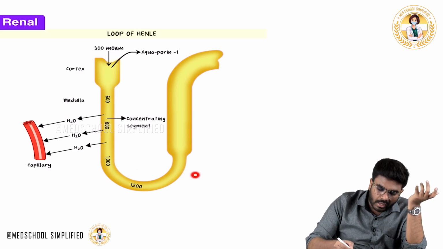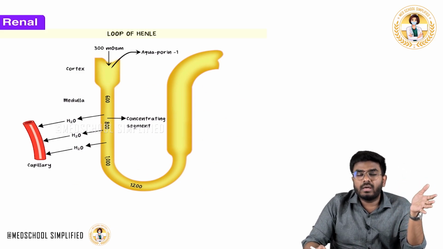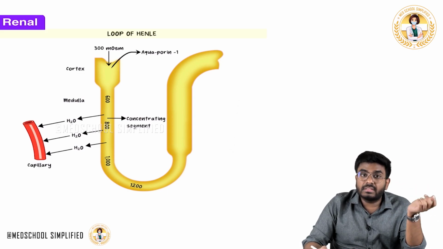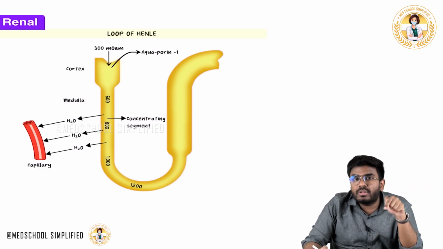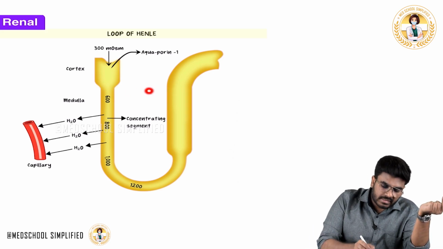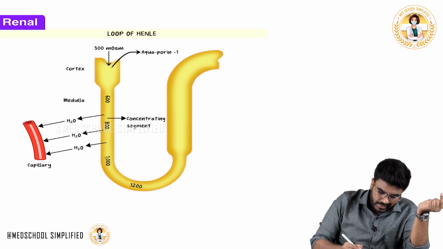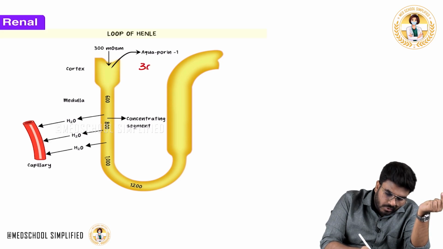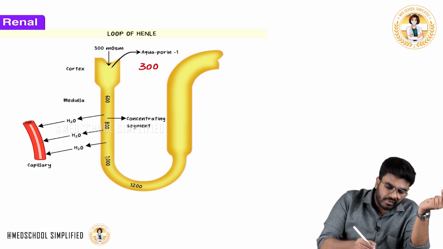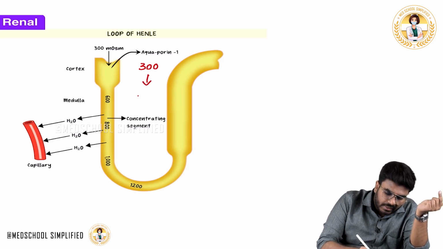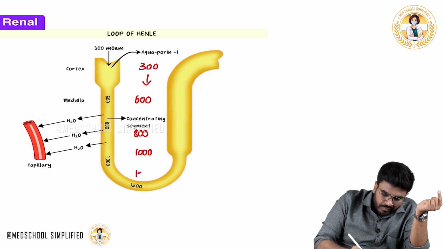In all the medulla, there is hyperosmolarity. Moreover, when you go deep into the medulla, osmolarity increases. This part of the medulla is near the cortex, for example, and in the cortex also it is the same 300 milliosmoles. Now when you go deep into the medulla, it becomes 600, 800, 1000, and 1200.